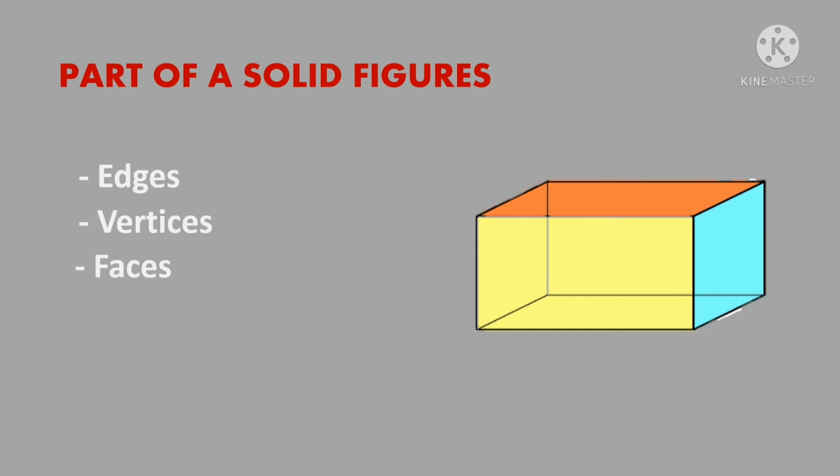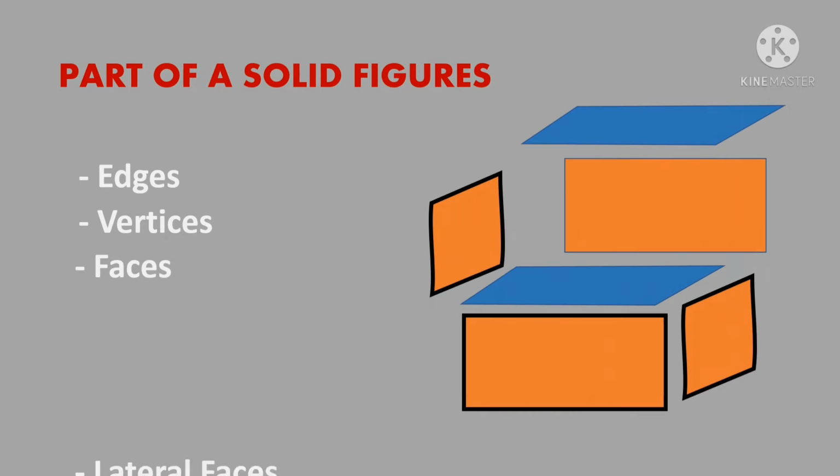Next one is the faces. The faces are the flat surfaces of a figure. In the given figure, it has 6 faces. Next one is the lateral faces. The lateral faces are the flat surfaces that do not include the top or the bottom part of the figure.